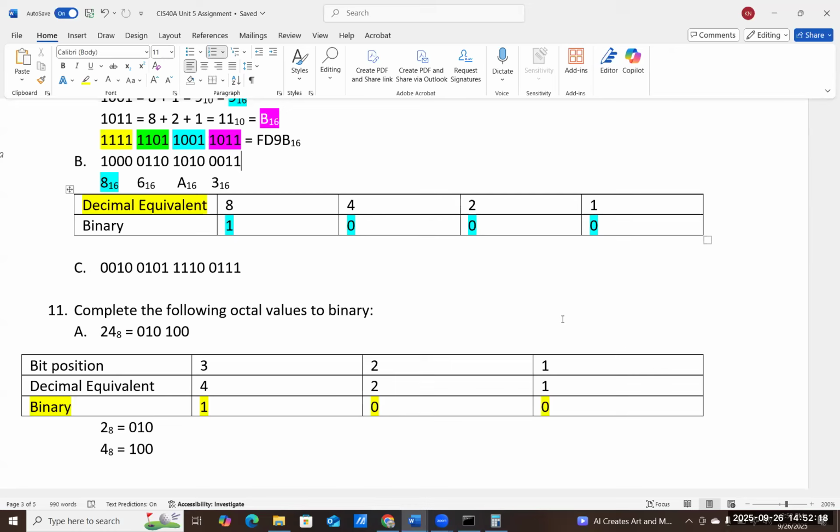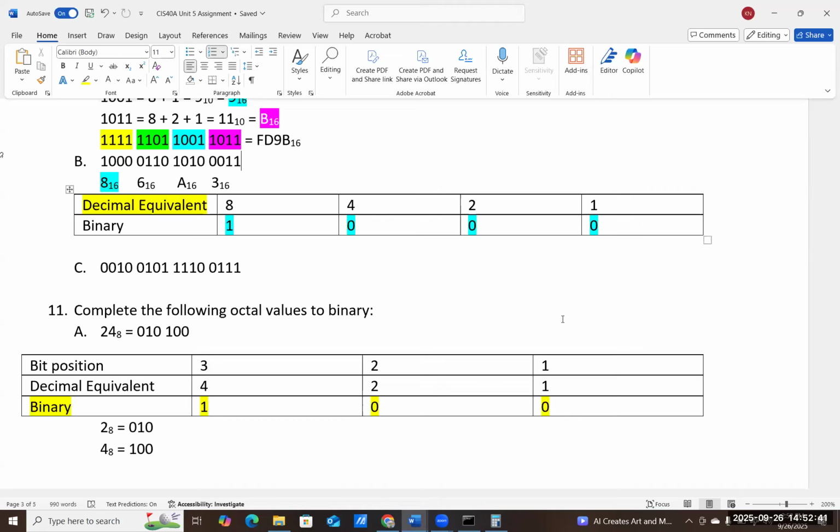Just like how you did the decimal, but we only worry about 3 bits versus 8 bits, like before. And then the 2 on the scale, which one is on? 1, 2, 4. The 2 is on, so 0, 1, 0. So same technique.